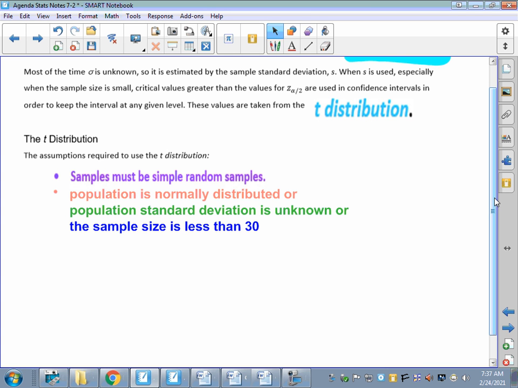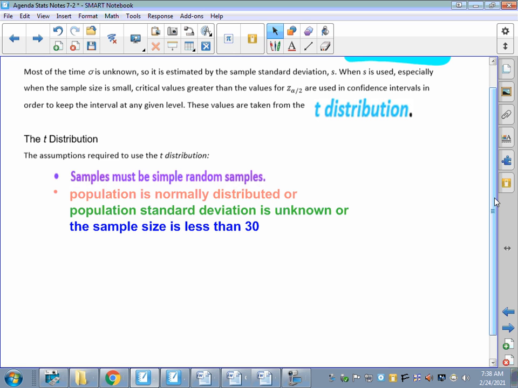We know our population is normally distributed, or we don't know our sigma, or we've got a small sample size. So we look for those things when we do the problems. If I say in a problem, S is equal to 2.85, automatically you're going to say, I don't know sigma, I know S, I'm going to use the T distribution.